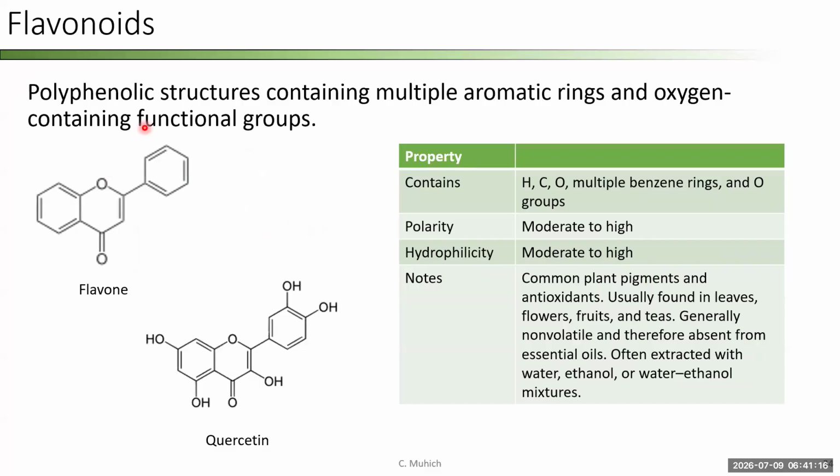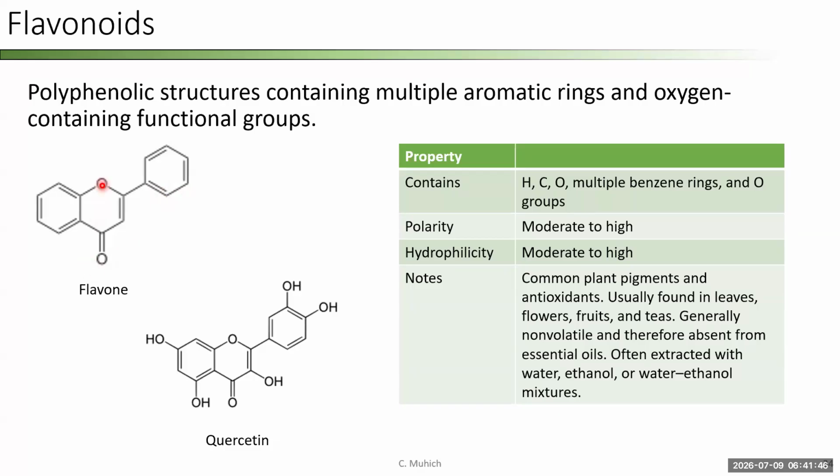We also have an extension of these, which we'll call flavonoids. Here's the quintessential compound, flavone. The key thing in flavonoids is that we have multiple aromatic rings. We have, in this case, two benzene rings, and the presence of oxygen functional groups.